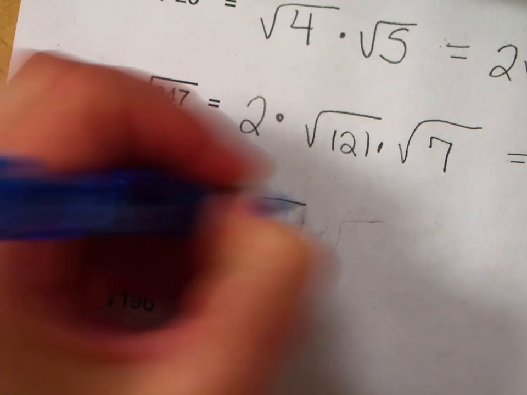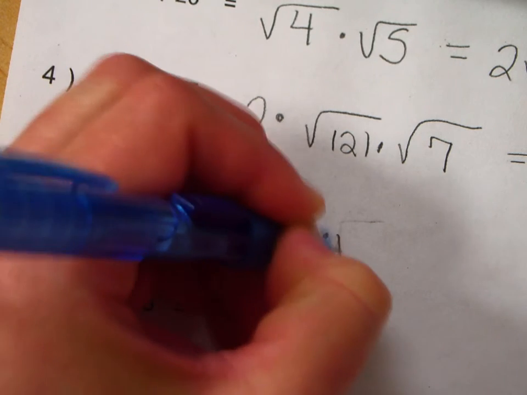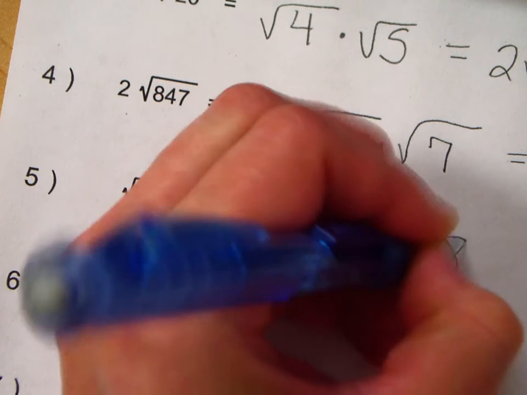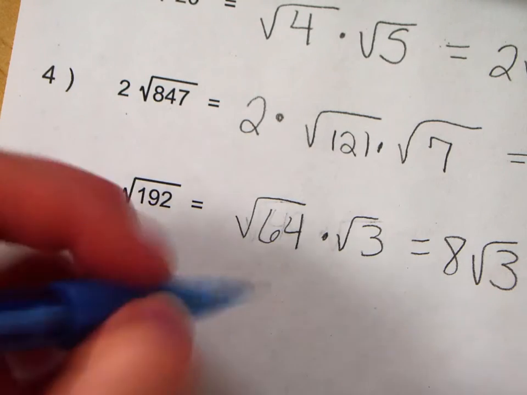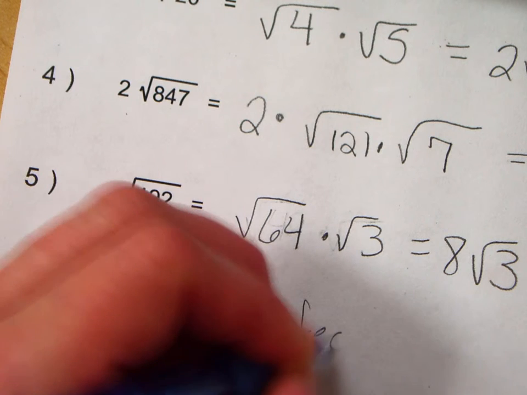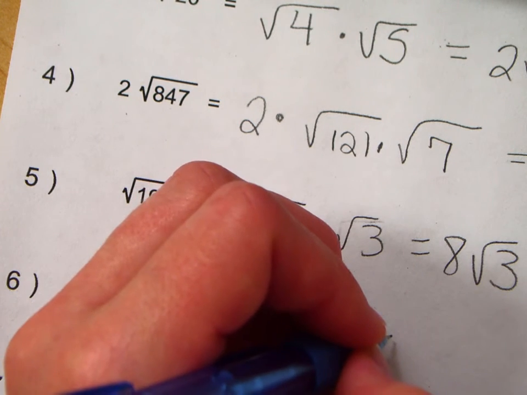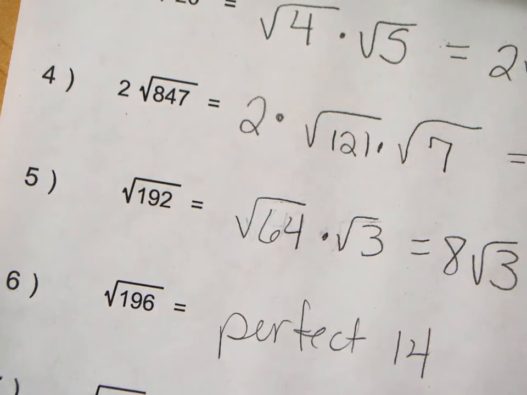So you have to do the square root of 64 and the square root of 3, which ends up being 8 square root of 3. The next one, something important to realize, is that 196 is on your paper, and the square root of 196 is simply 14. So it's perfect. So the answer is the square root of 196, which is just 14.